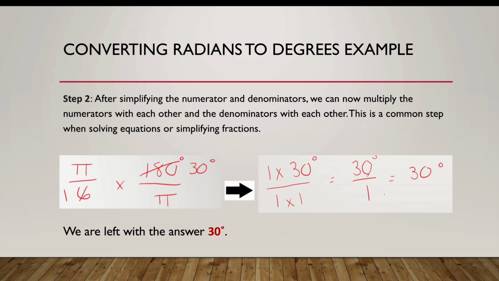After simplifying the numerator and denominators, we can now multiply the numerators with each other and the denominators with each other, which is what we typically do when solving equations or simplifying fractions. And we should be left with the answer 30 degrees. So we took our first practice problem and reversed it, and we should end up with the same answer we started with.